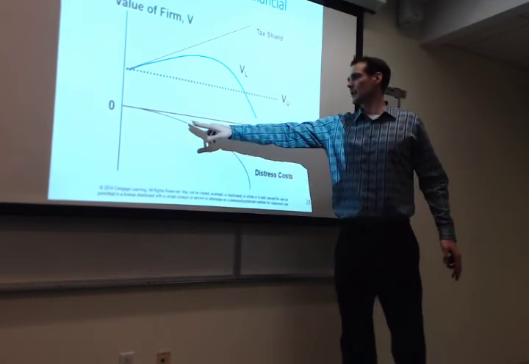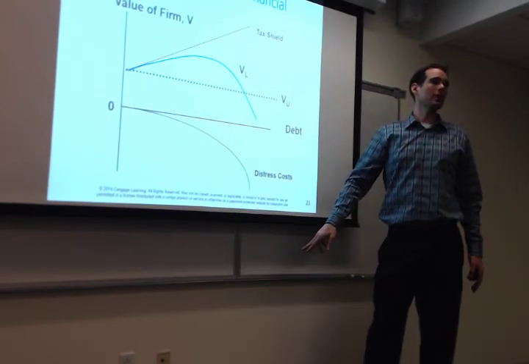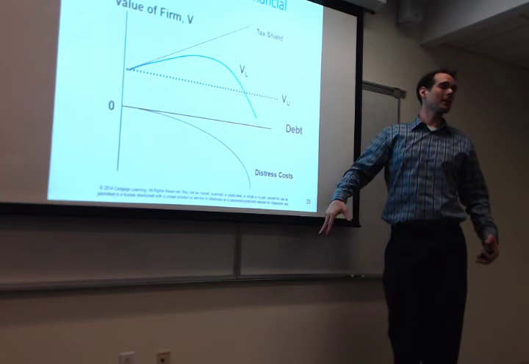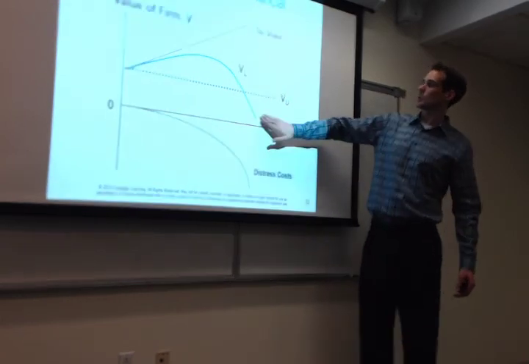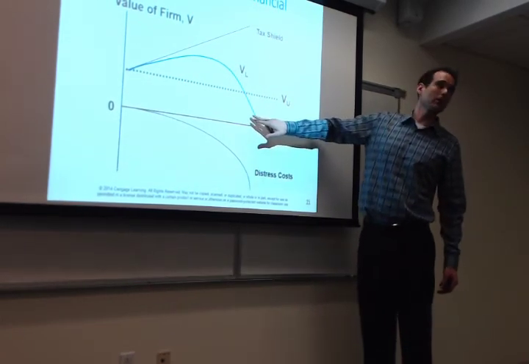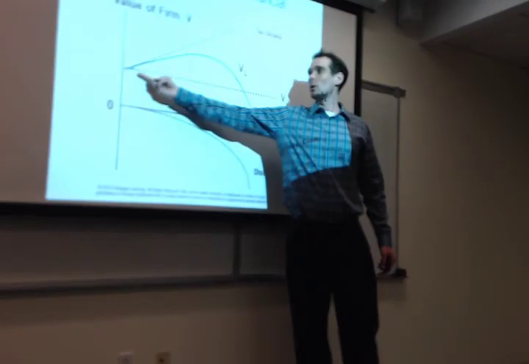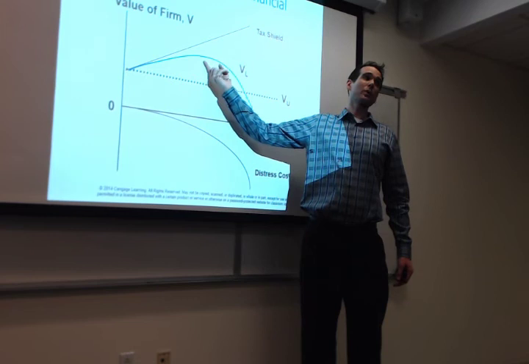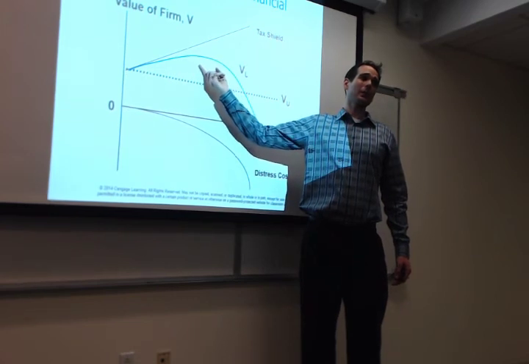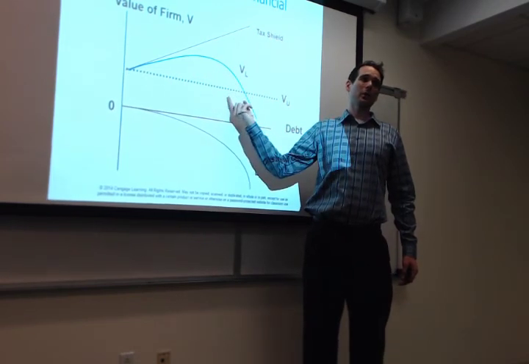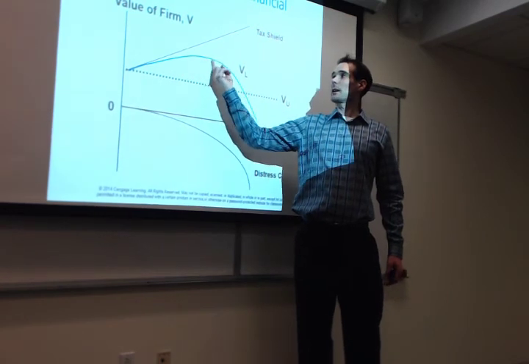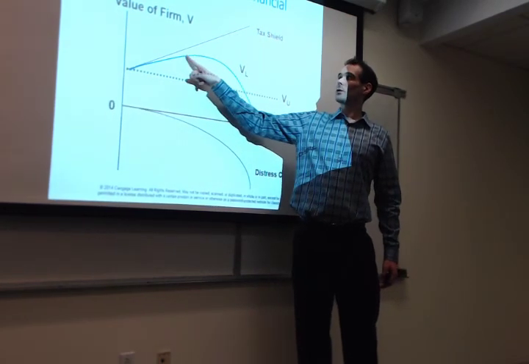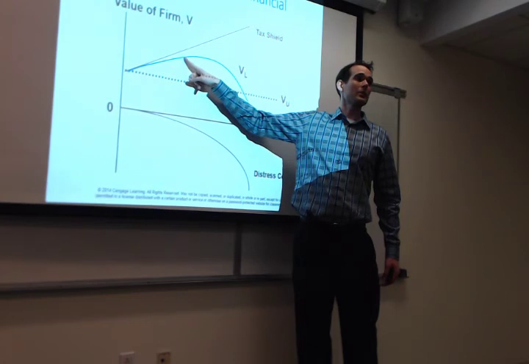As you get more and more debt, the chances of financial distress and bankruptcy increase, which is going to result in a decreasing value of your firm. As you add more debt, value of your firm goes up. But then the risk of financial distress gets so great, it starts eroding the value of your firm. We want to find that sweet spot right there. In fact, we might even want to be a little further back on that sweet spot.